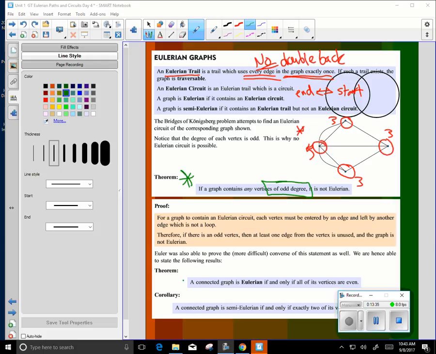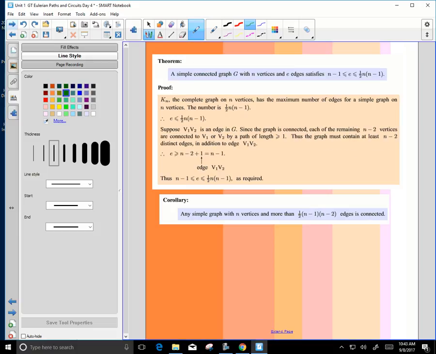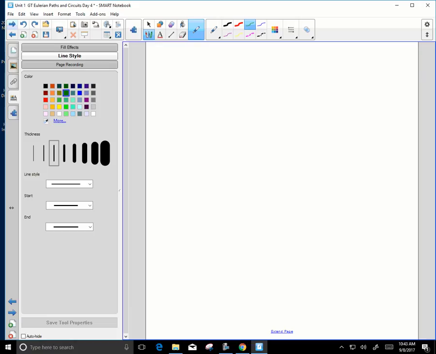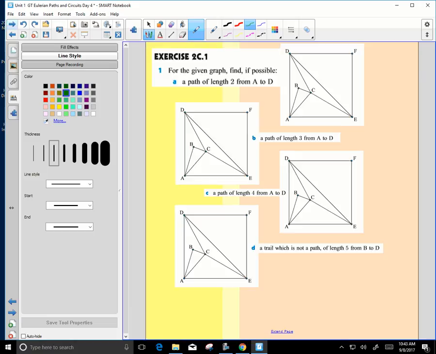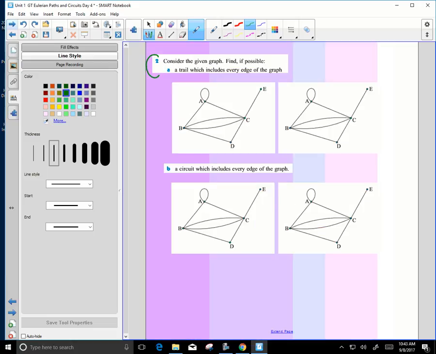Connected graph. I'm going to let you look at these theorems and corollaries. They're super helpful in seeing trends, but I almost like to have you try things before and we'll go over these a little bit on Monday too. Here's what I'd like you to try for Monday. Go to the homework, and I'd like you to do 1, 1, 2.